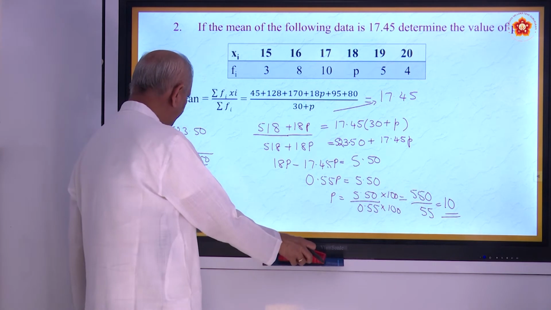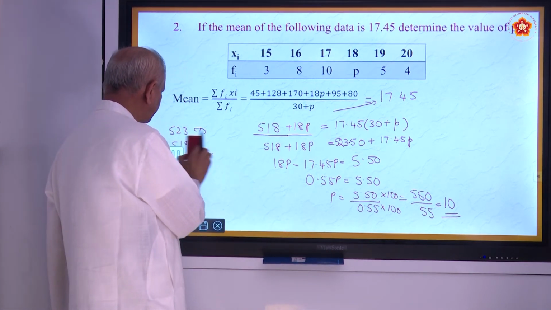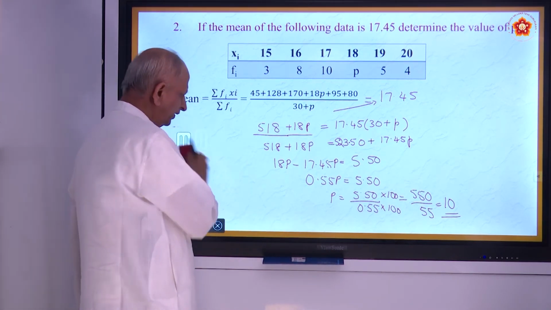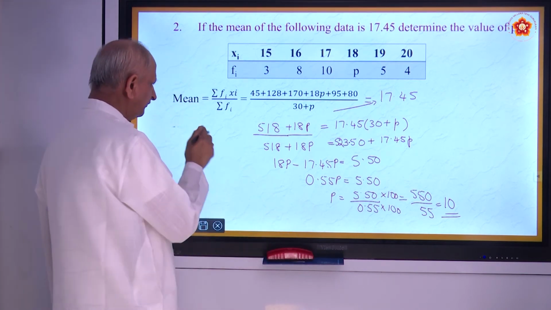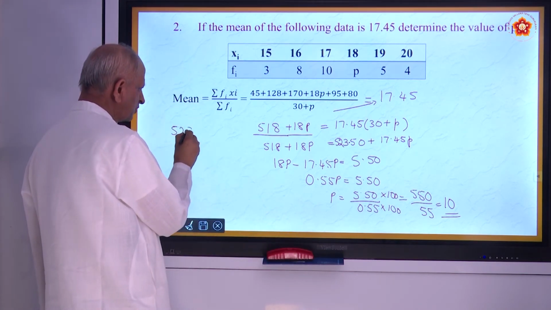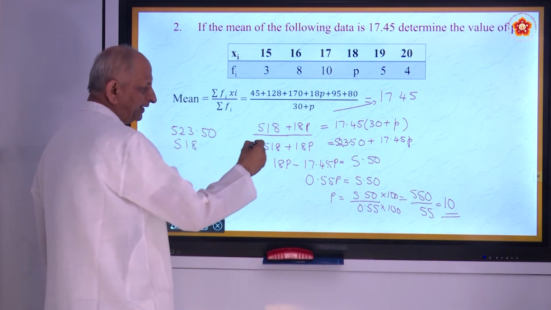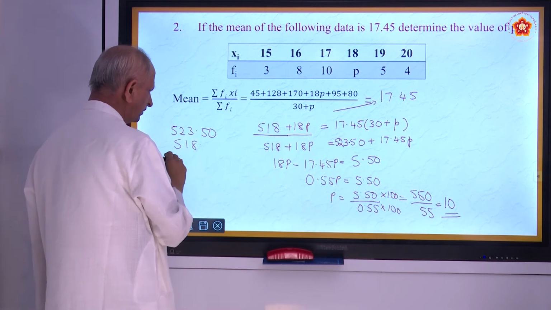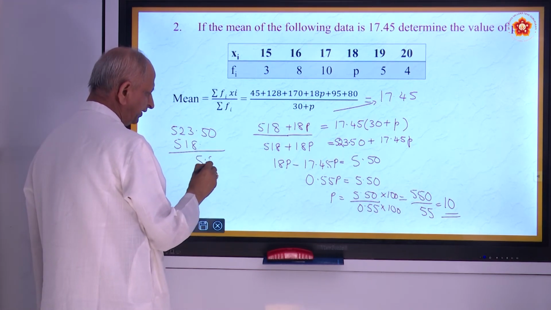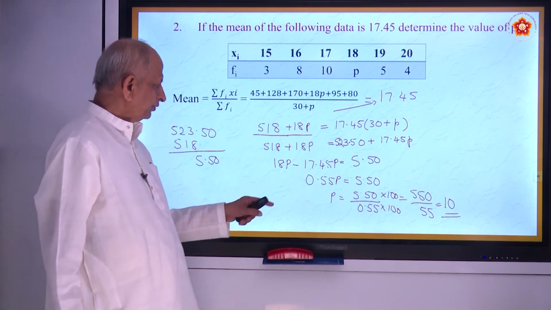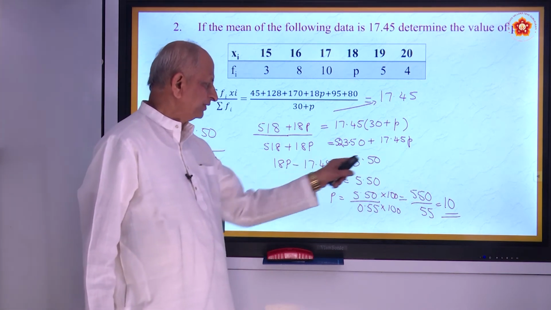This 518 should come here. So when you subtract 523.50 minus 518, why minus? Because of transfer. So you get 5.50 on the right side.